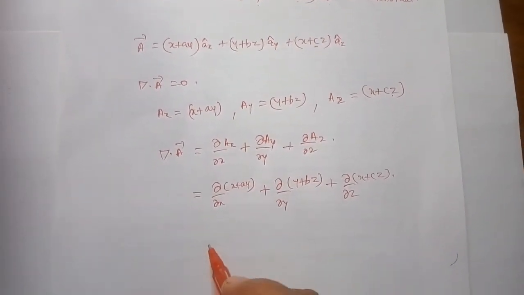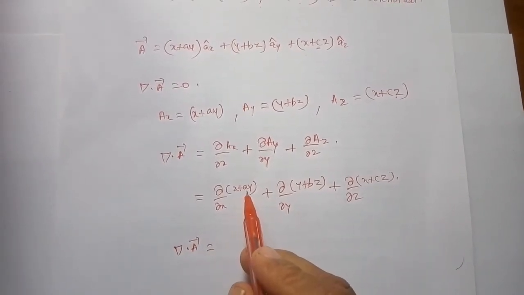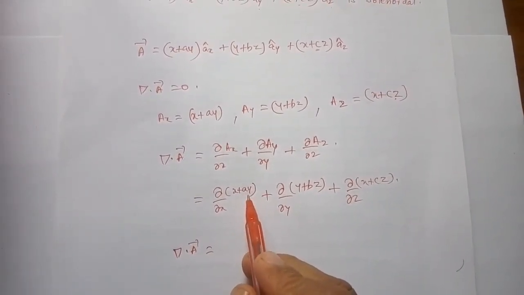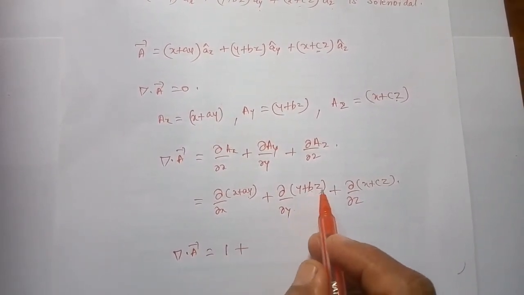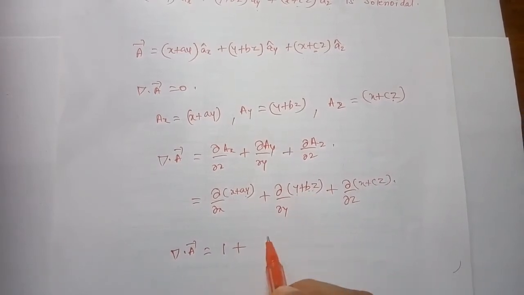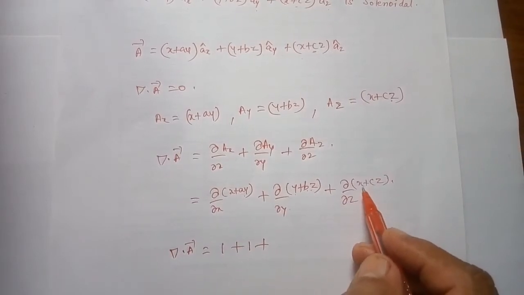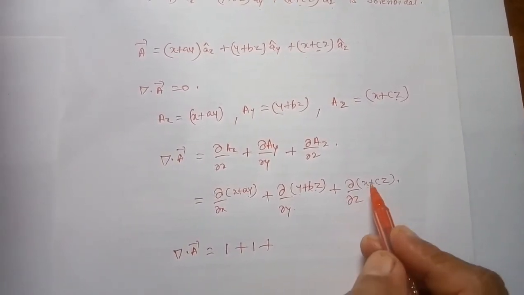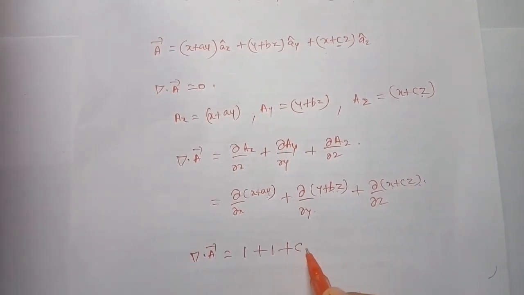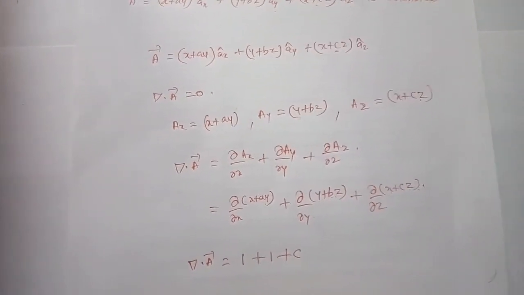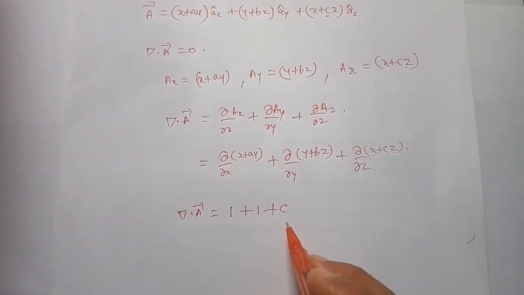When we evaluate, with respect to x, ay is a constant, so it is 0, and the x derivative is 1. With respect to y, bz is constant, so it reduces to 0, leaving y, which gives 1. With respect to z, x is constant, so it is 0, and c is a constant, so the z differentiation gives c. Therefore del dot A is 1 + 1 + c.